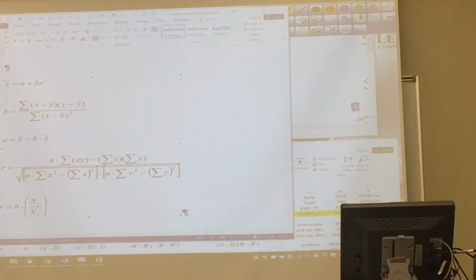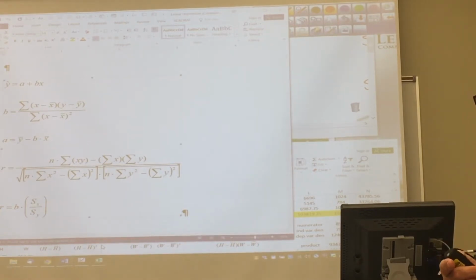So which formula will be on the midterm? The easier one? What formula will be on your 3x5 sheet that you bring in to take your test?